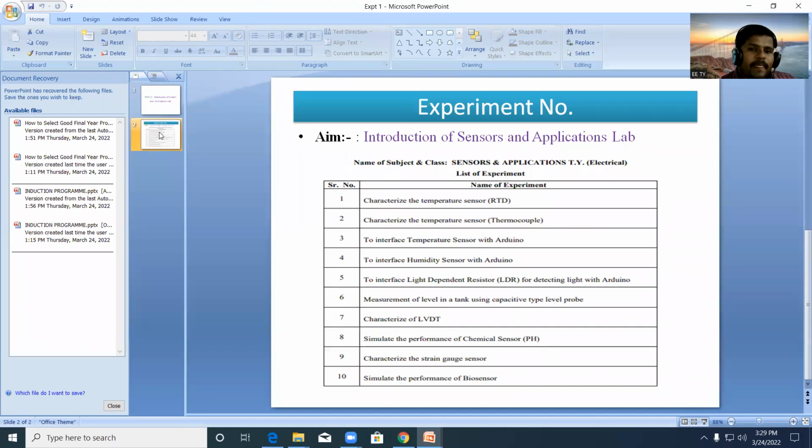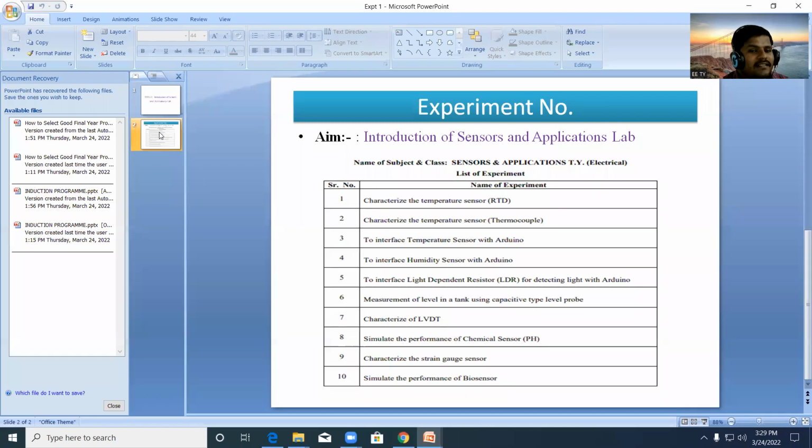In the introduction of sensor and application lab, there is a list of experiments. First is to characterize the temperature sensor, such as the LM35 or the RTD, the resistance temperature detector, which is one type of temperature sensor. We want to understand the characteristics of that temperature sensor. So this is the first experiment.